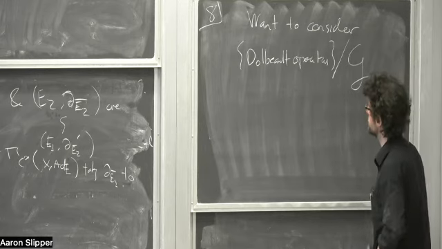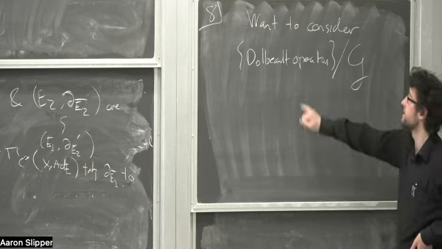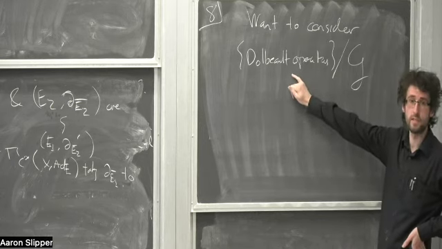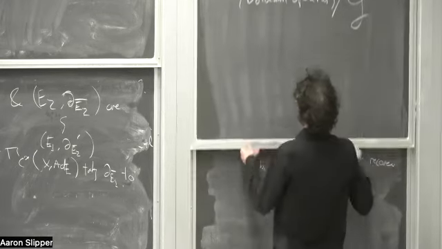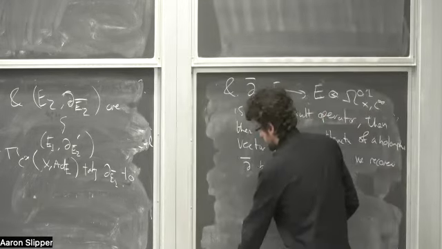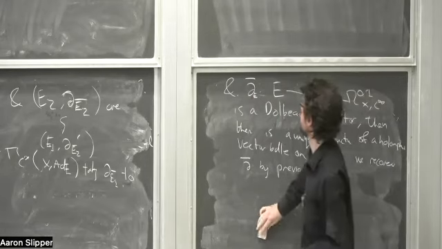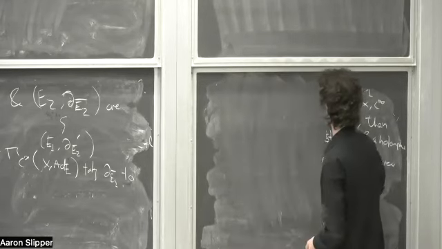One of the difficulties of doing it as such is that the space of Dolbeault operators is slightly hard to describe. So the trick is that one can rewrite Dolbeault operators in terms of unitary flat connections.